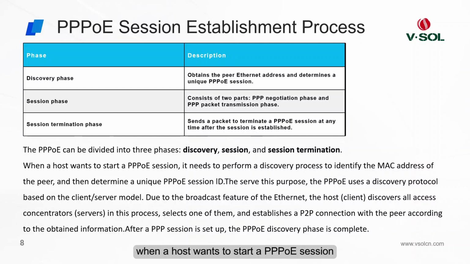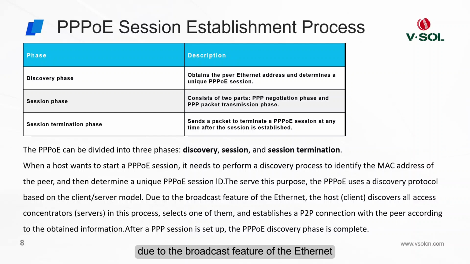When a host wants to start a PPPoE session, it needs to perform a discovery process to identify the MAC address of the peer, and then determine a unique PPPoE session ID. To serve this purpose, PPPoE uses a discovery protocol based on the client/server model.